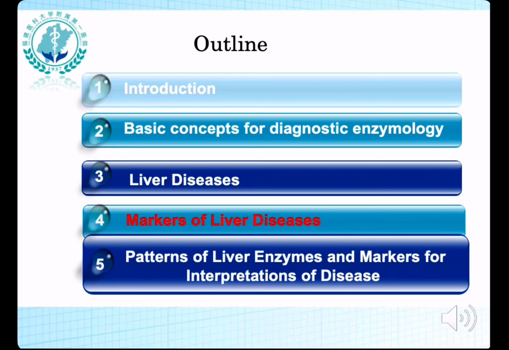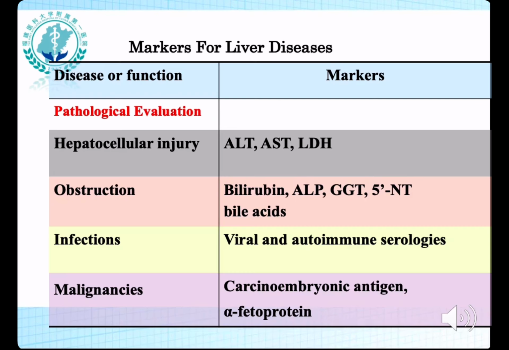Alright, the next part, let's focus on the markers of liver diseases. This figure lists some markers for the pathological evaluation of liver diseases, such as ALT, AST, LDH for hepatocellular injury, bilirubin, ALP, GGT, 5-NT, bile acids for obstruction, and the indicators of viral and autoimmune serologies for infections, and CEA, AFP for malignancies.